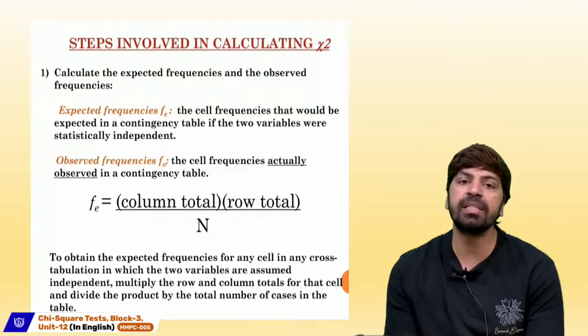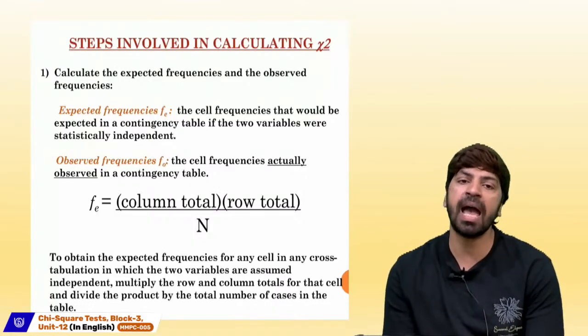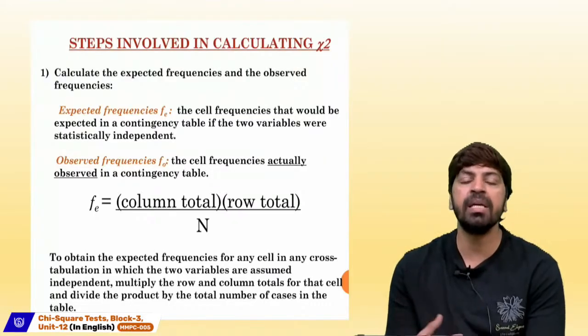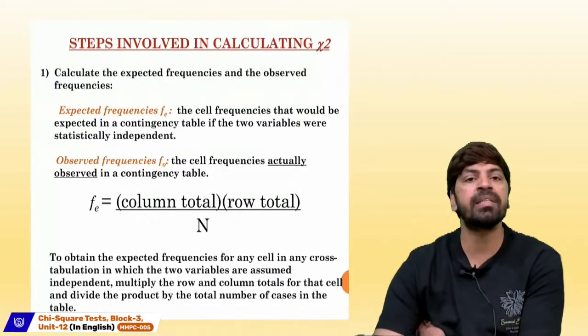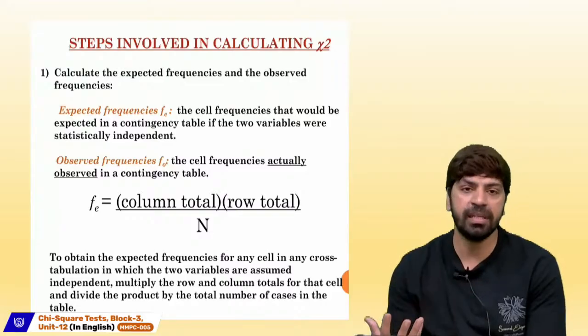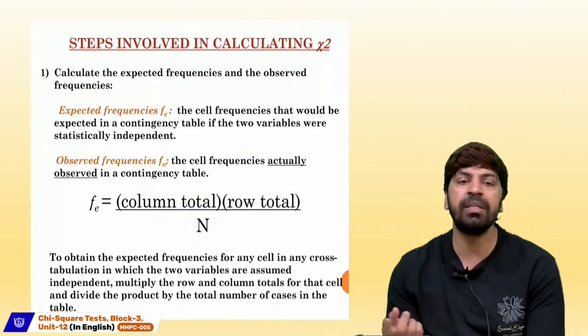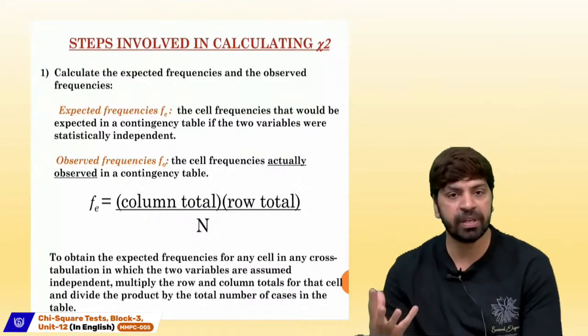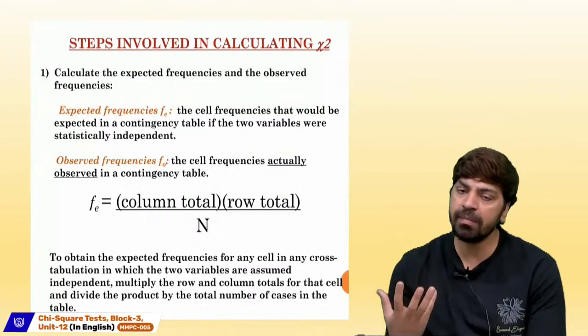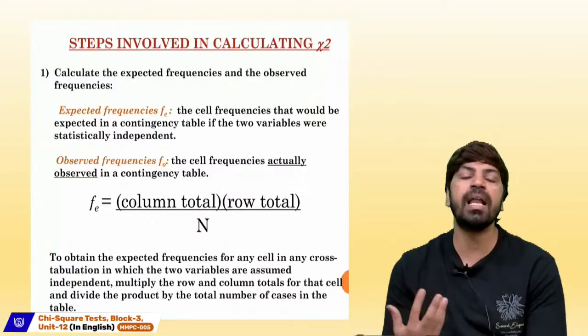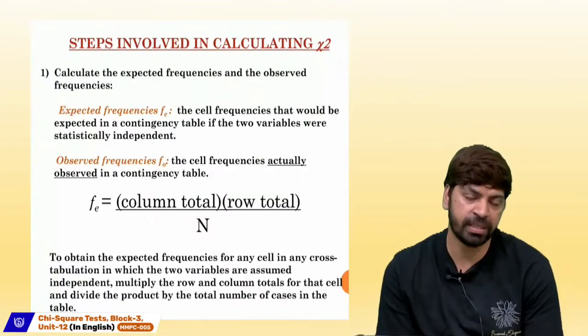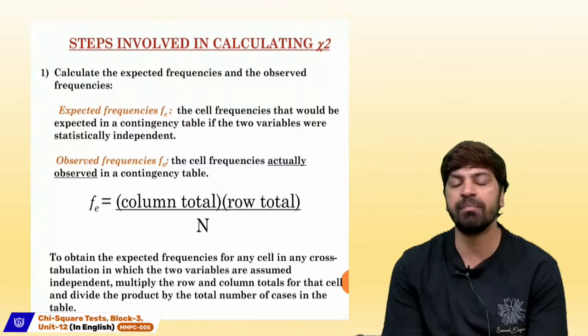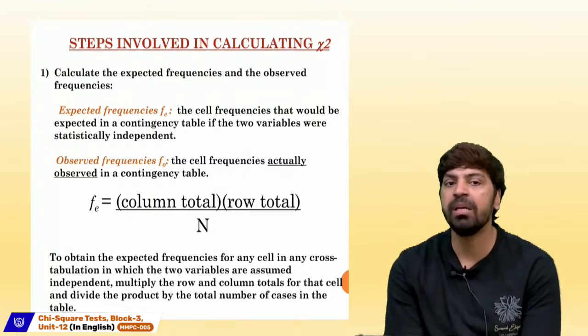Observed frequency is the cell frequencies actually observed in the actual table. It means any frequencies given in the question or in the table are called observed frequencies, and with the help of the observed frequencies, using the formula, we can easily calculate the expected frequency. This is the formula which has been mentioned on the slide.